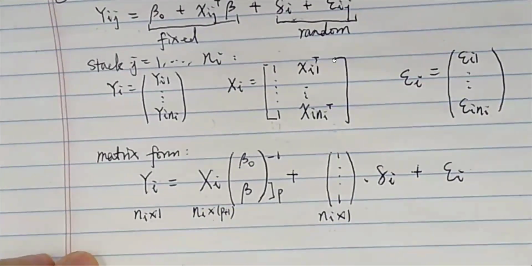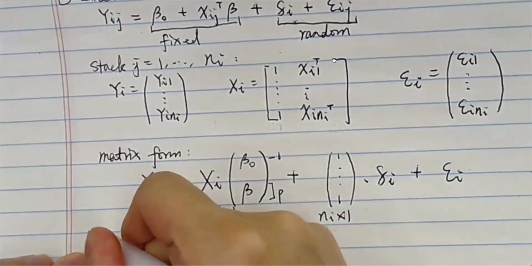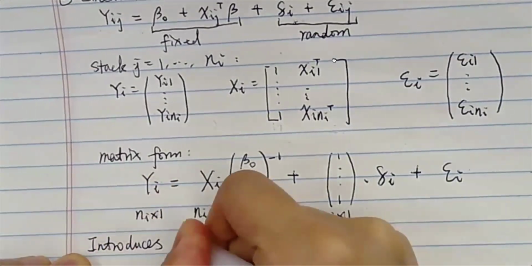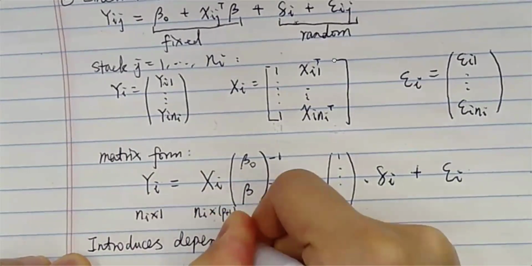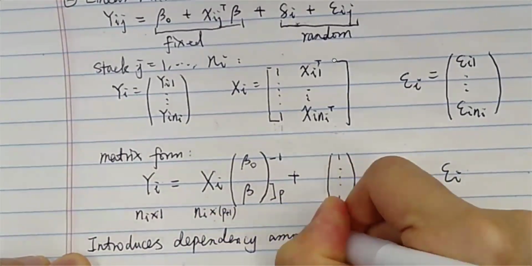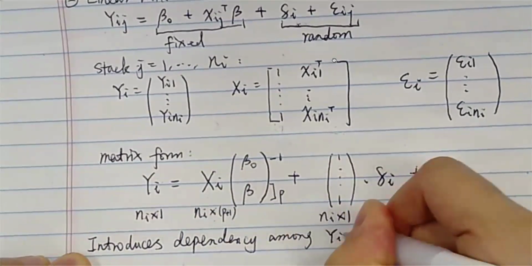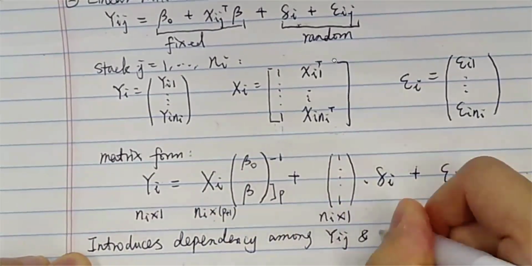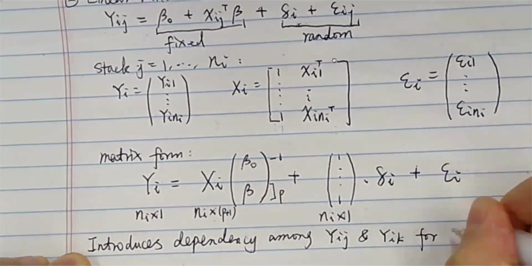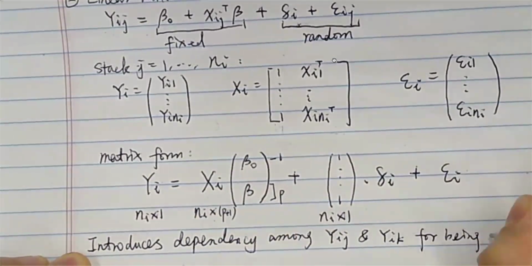So this way, something I can show you is that this model introduces dependency among Y_ij and Y_ik for being in group i.